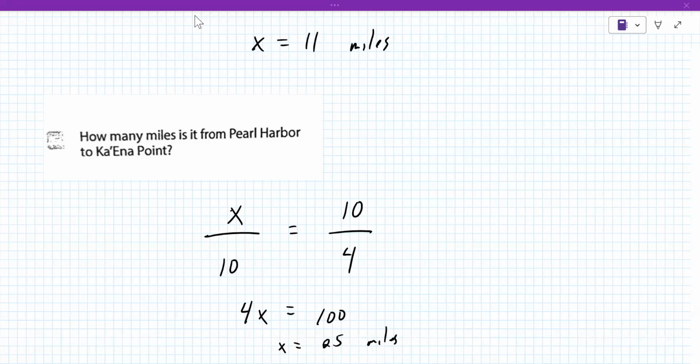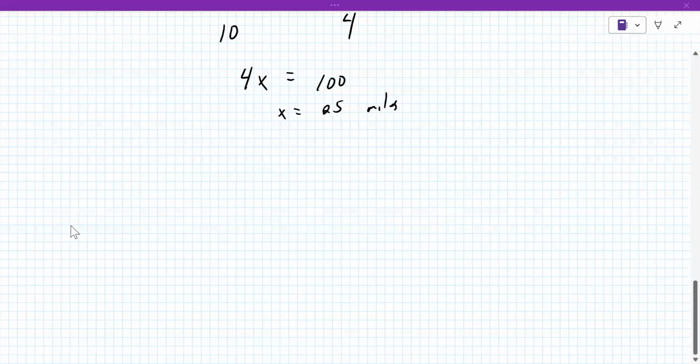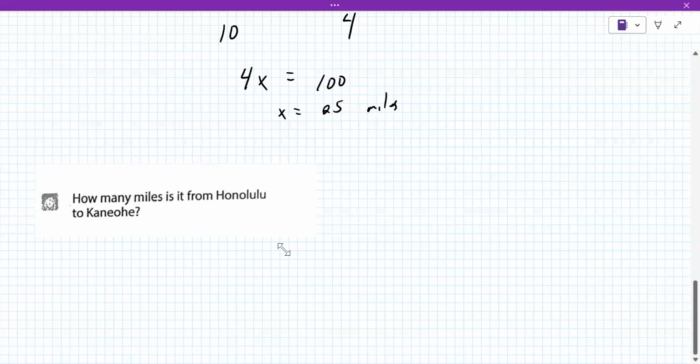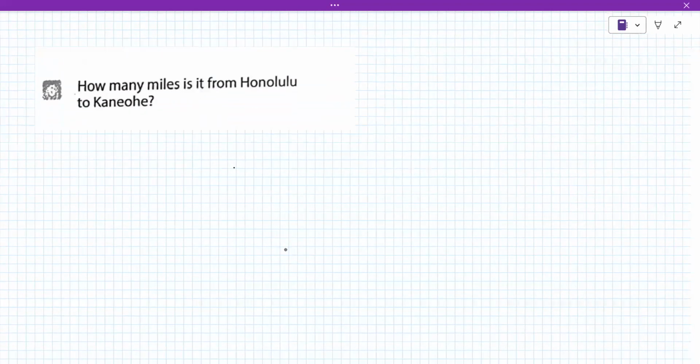I'm from Hollywood to Quebec. And it's 3.2 centimeters. Okay, so we got x over 3.2 equals 10 over 4. And then it would be 4x equals 32.